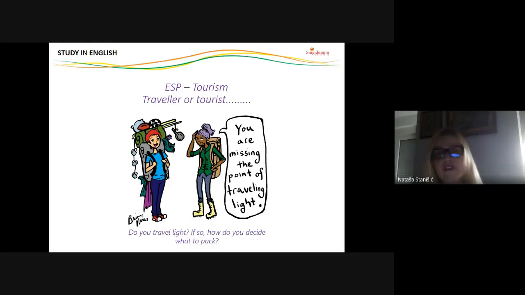When it comes to traveler or tourist, as these two ladies show, we can see whether one of them travels light or the other one does not travel light. Travel is the movement of people from different geographical locations. It could be business travel, pleasure travel, education, visiting travel on one hand, and on the other hand, tourism, which is travel limited to holiday activities only.